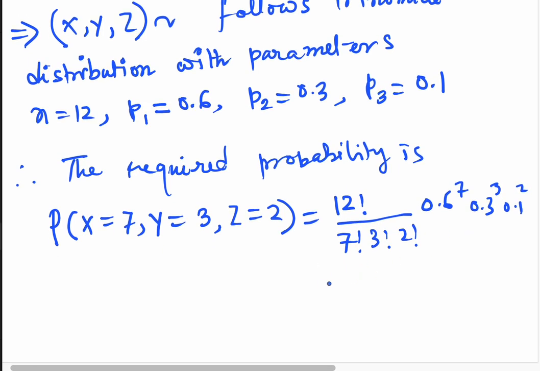So if you calculate, you get 0.05986. That's it.